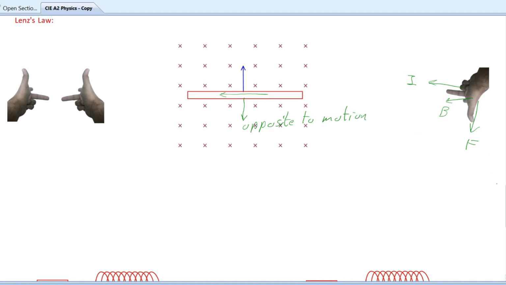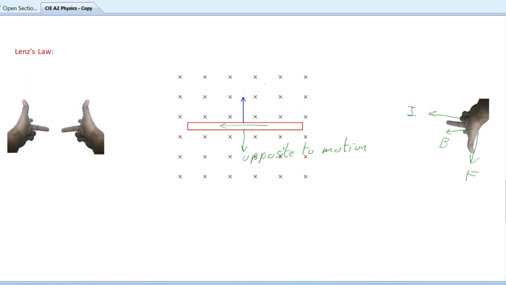This is called Lenz's law. So what Lenz's law states is that the induced current or EMF opposes the change in flux linkage.